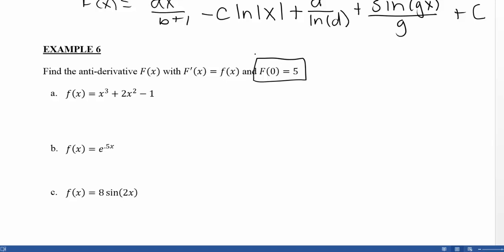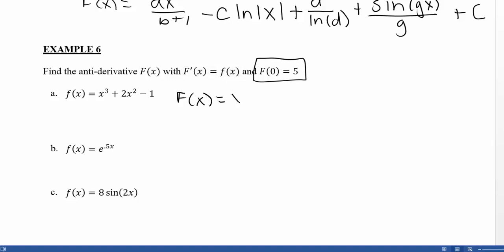So again, normally we're solving for a family of antiderivatives, but as soon as we have a point on that function, on the antiderivative function, we can solve for a specific one. So what does that process look like? So first we're going to find the antiderivative with the c in it, and then we're going to solve for c.